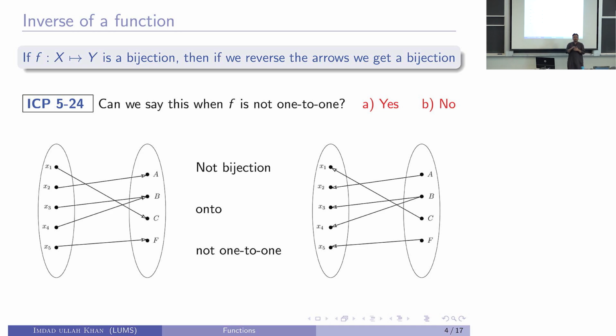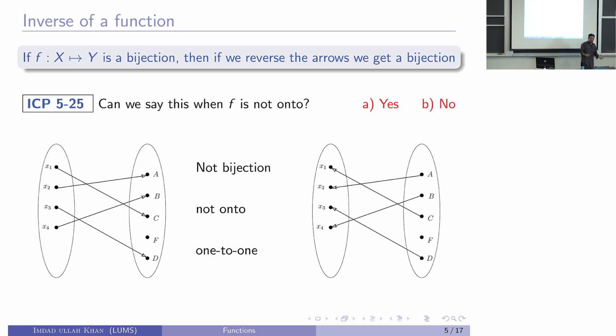Now, if I flip everything, if I start calling this set the domain and this set the codomain of another function, the reverse function, and the mapping is reversed, it will not be a function, because in this particular case, b will try to get two images, and that's not a function. For a function, every element of the domain has to get exactly one image, right? So it will not be a function. Is it clear? If I reverse the arrows.